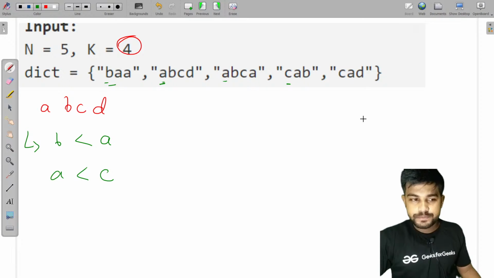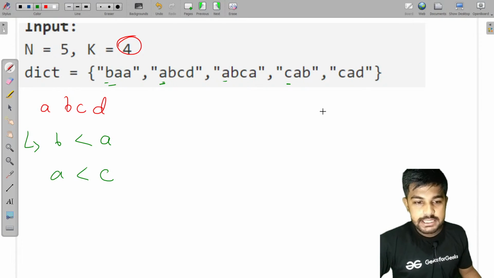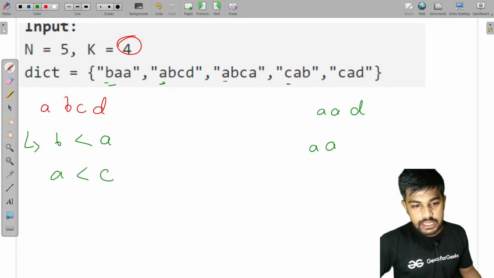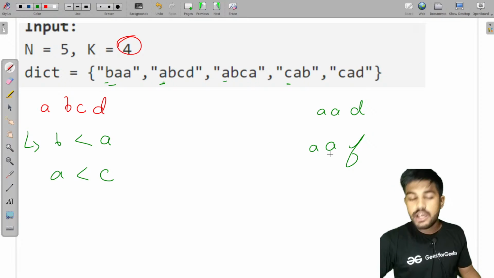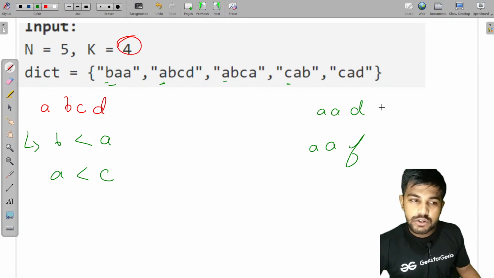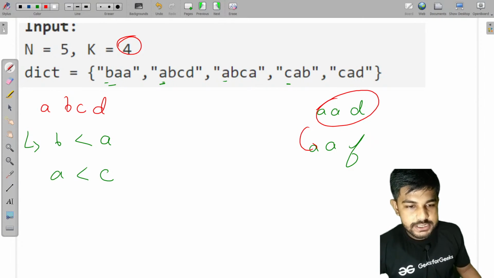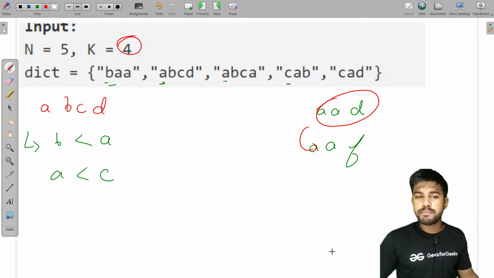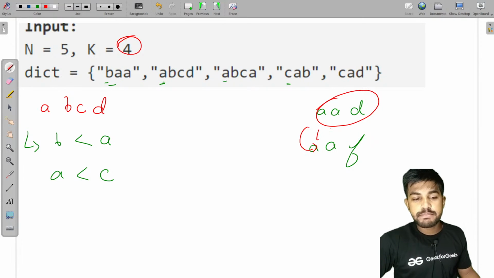Suppose we have a word as A, B, C, D and we have another word as A, B, C, A. So we know that this would come before this. Why? Because this is the same, and this is smaller than this.